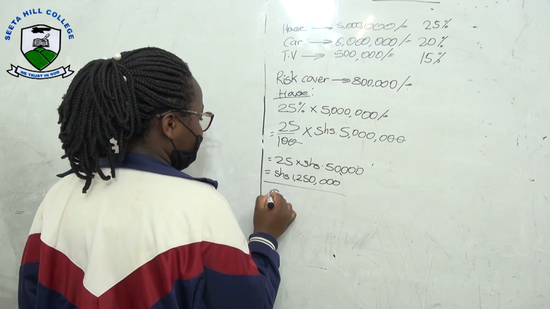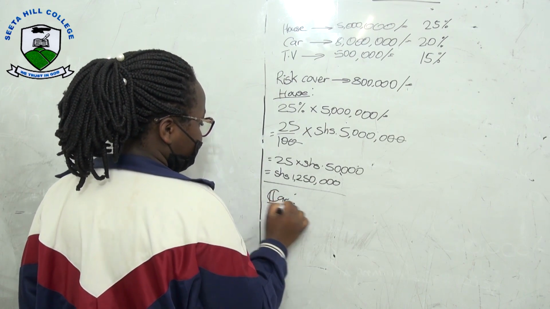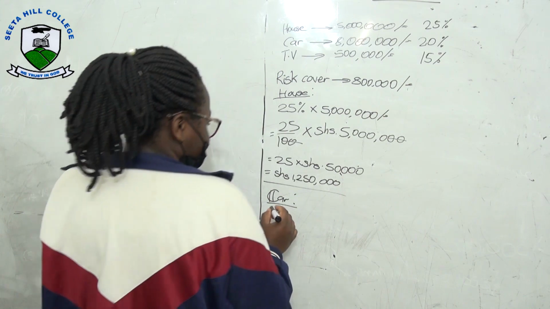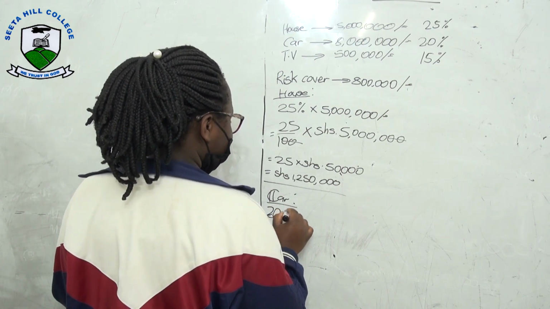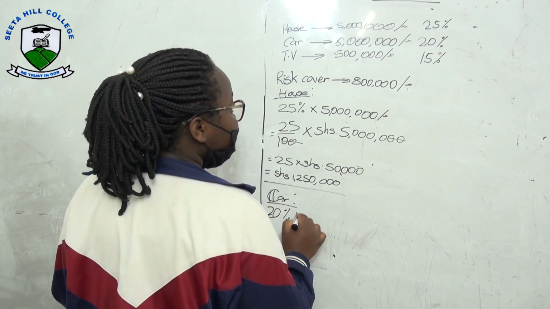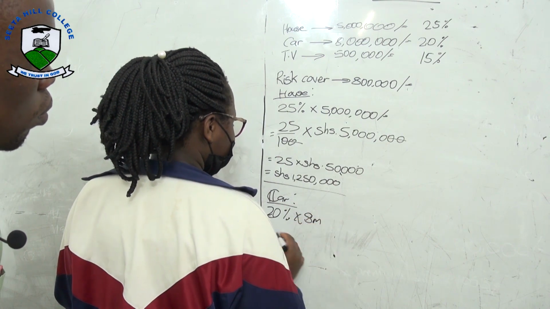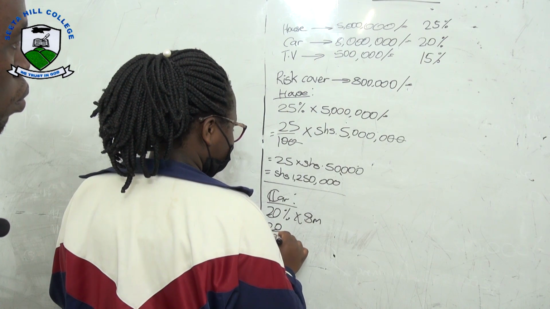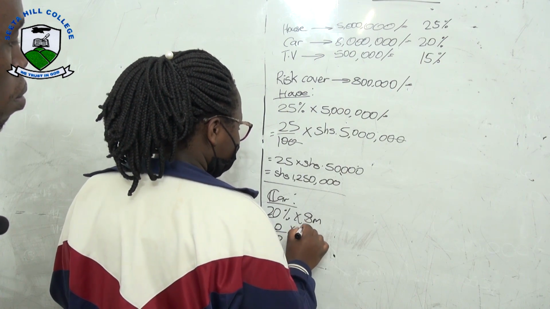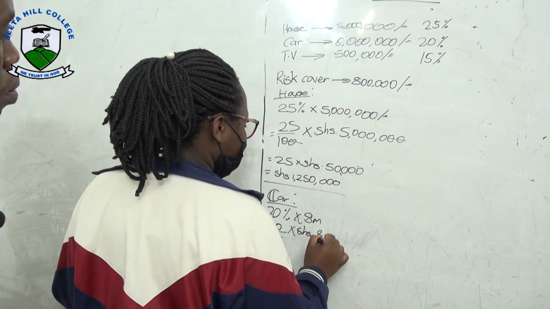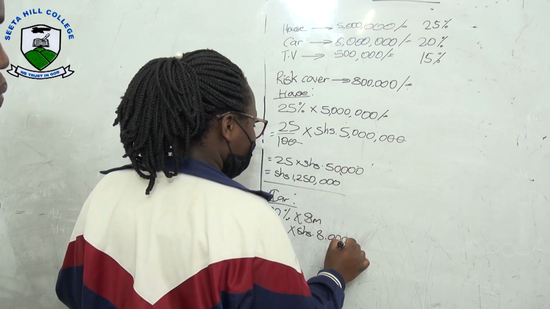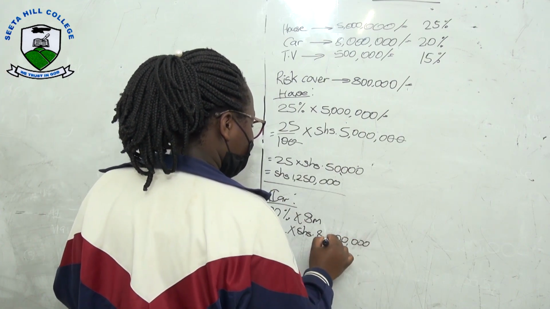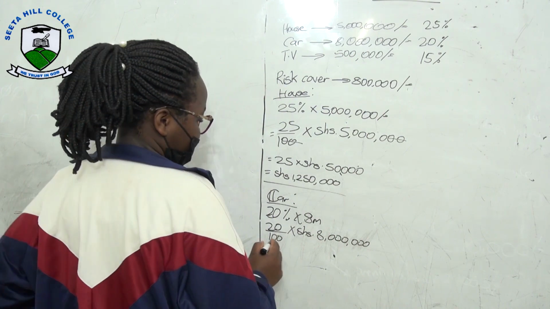Then for the car, we have 20% times the 8 million, giving us 20 out of 100 times 8 million shillings.